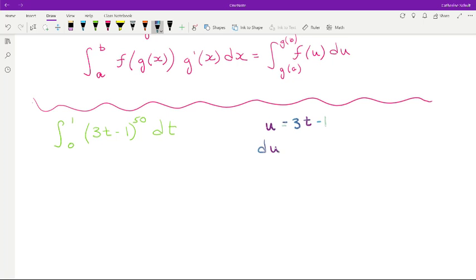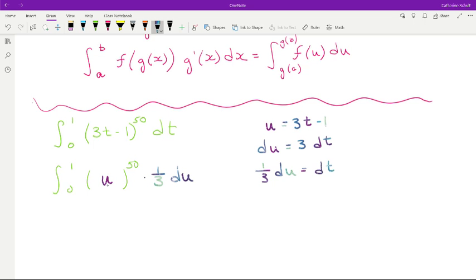And then du is just 3 dt. And we just have to substitute for a dt. So let's get dt all by itself by dividing by 3. And now we're ready to make our substitutions. So we go 0 to 1. We said 3t minus 1 was u. And dt was 1/3 du.